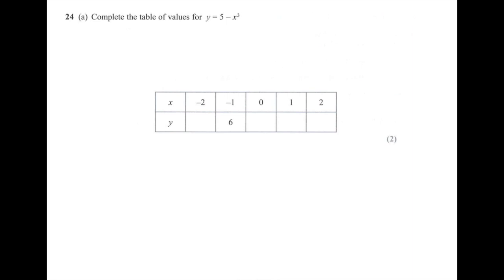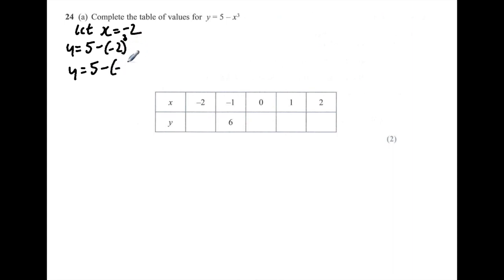Question 24 A. Complete the table of values for y equals 5 minus x cubed. Now the first thing I'm going to do is let x equal minus 2 and then substitute it back into the equation. So y is equal to 5 minus (minus 2) raised to the power of 3.